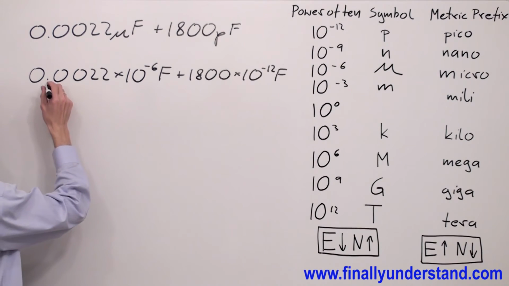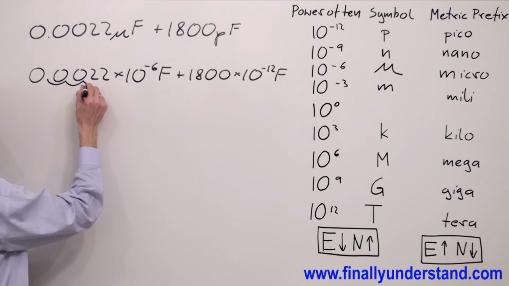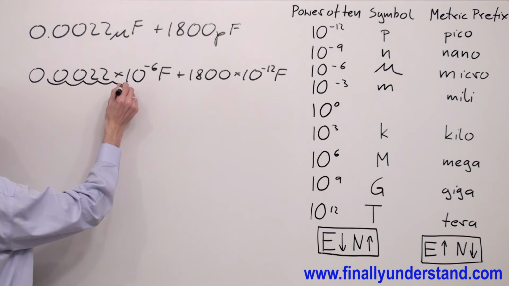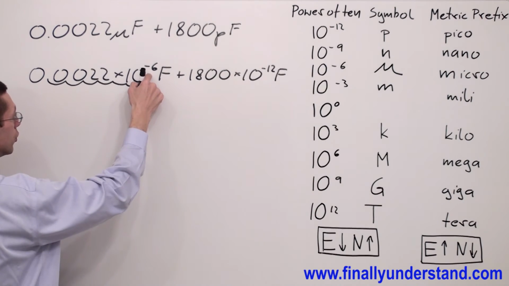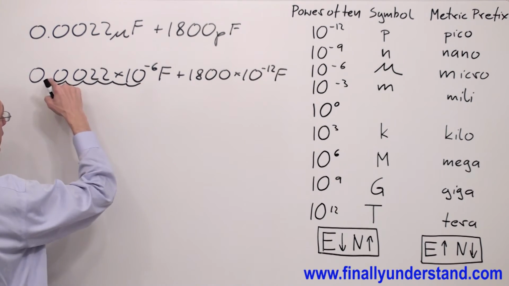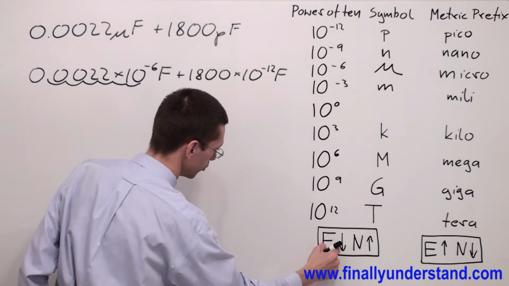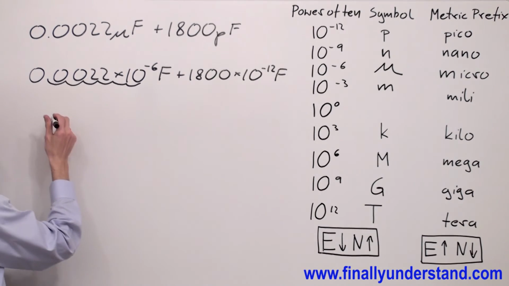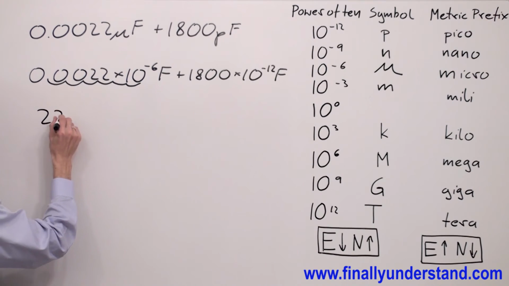So if I'm going to move my decimal point to the right 6 times, my exponent is going to go down because my number is going up. Exponent goes down.